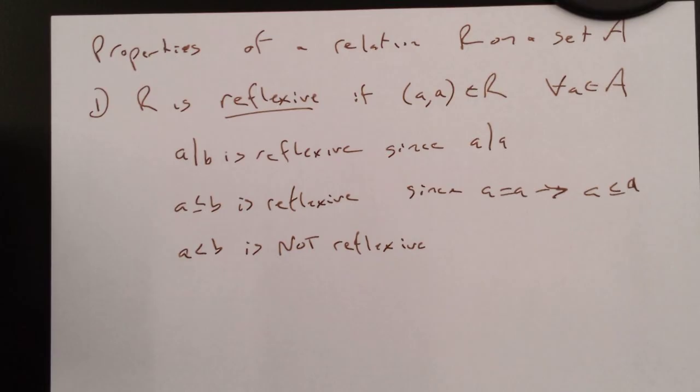Quite often, we can think of this idea as a property, right? Divisibility is a property of numbers. Every number divides itself. That's what it means to be reflexive here. Questions?